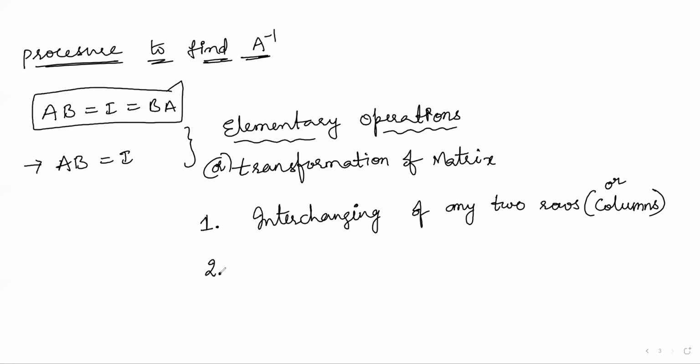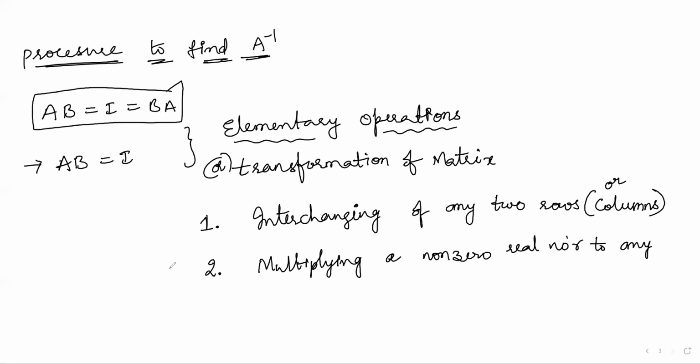Then next is two. Multiplying by a scalar, or multiplying a non-zero real number to any row or any column.